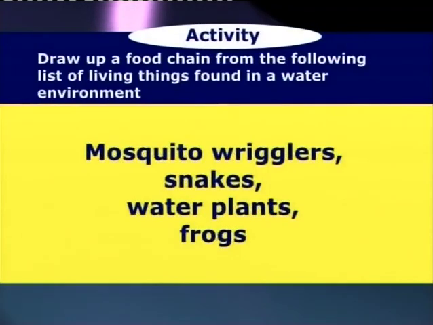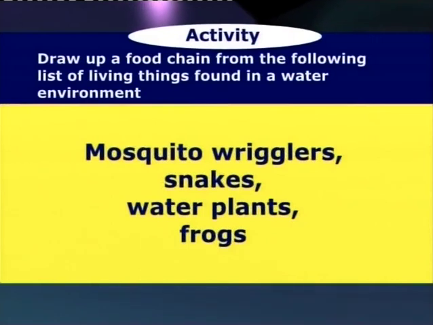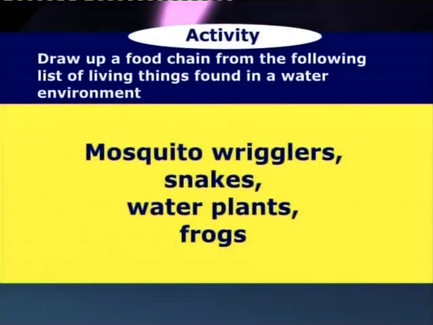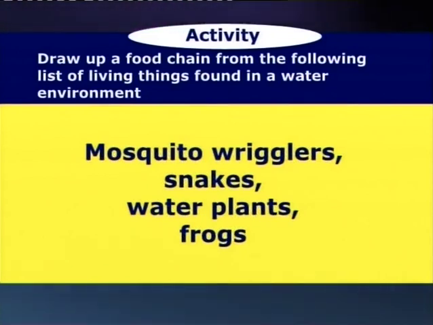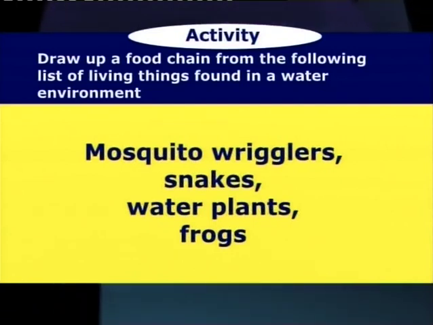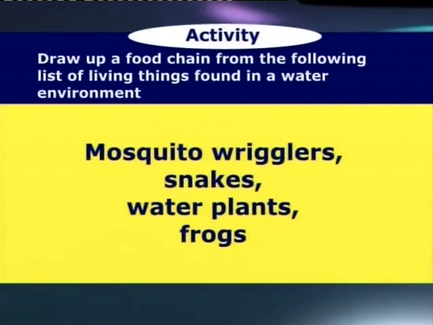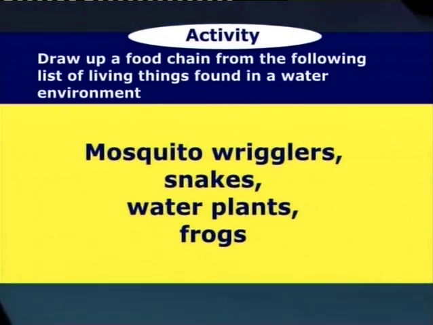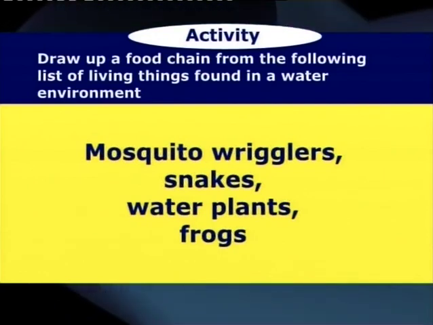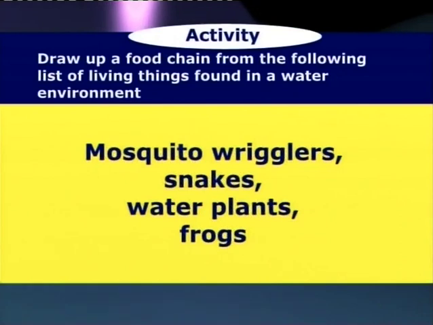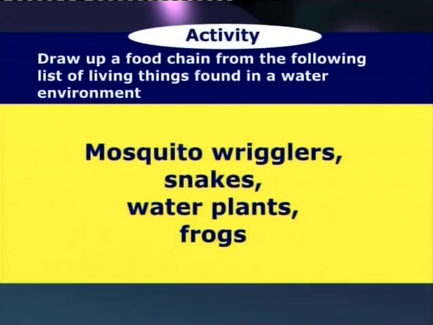Now the next one, mosquito wrigglers, snakes, water plants, and frogs. Mosquito wrigglers are those tiny bit of larvae from the mosquito that wiggles in the water. You know those ones?